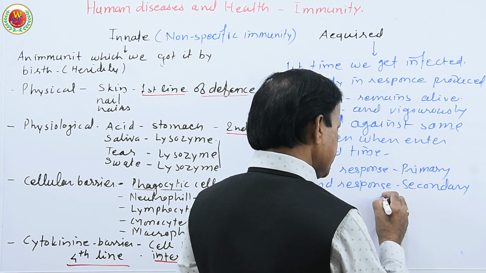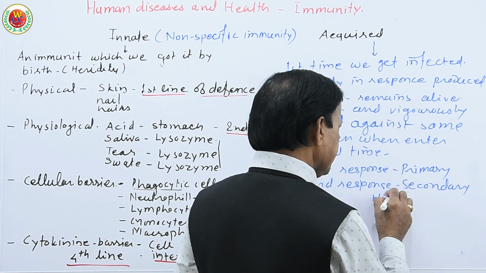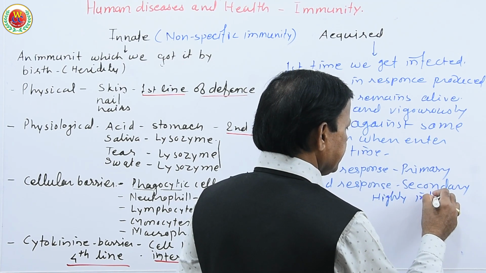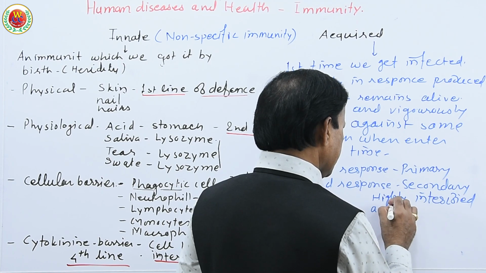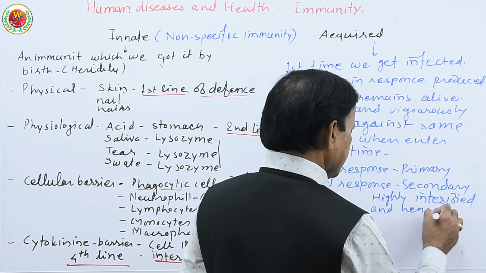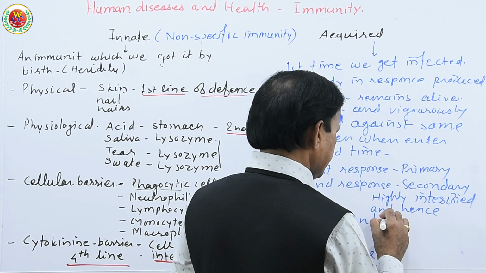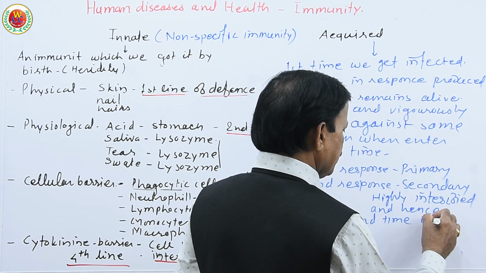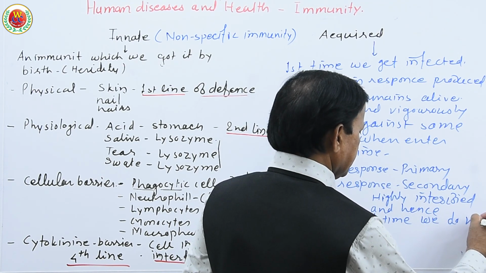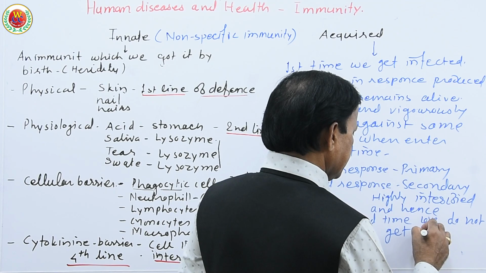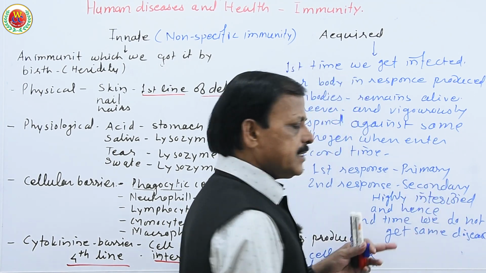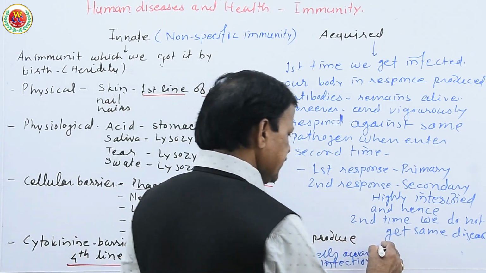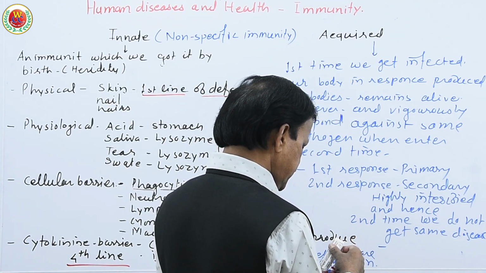So the secondary response is highly intensified, and hence the second time we do not get the same disease. This is very important to understand, and this second response is known as anamnestic response.